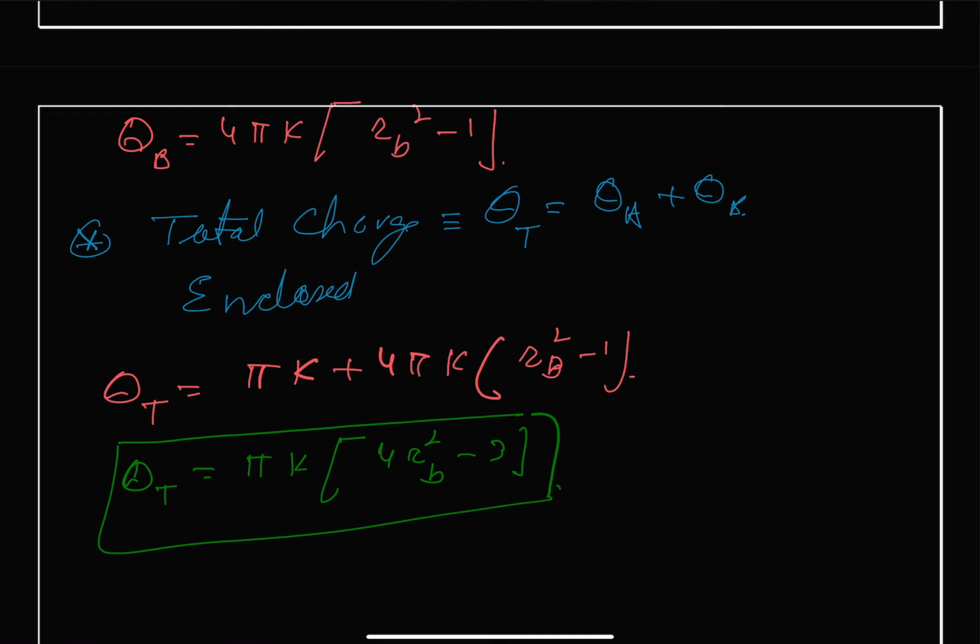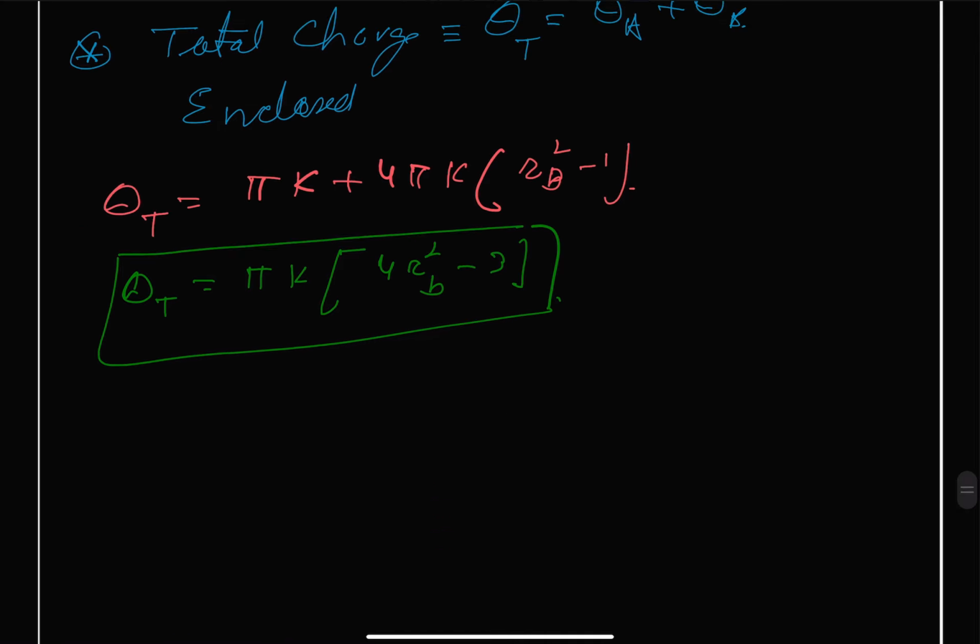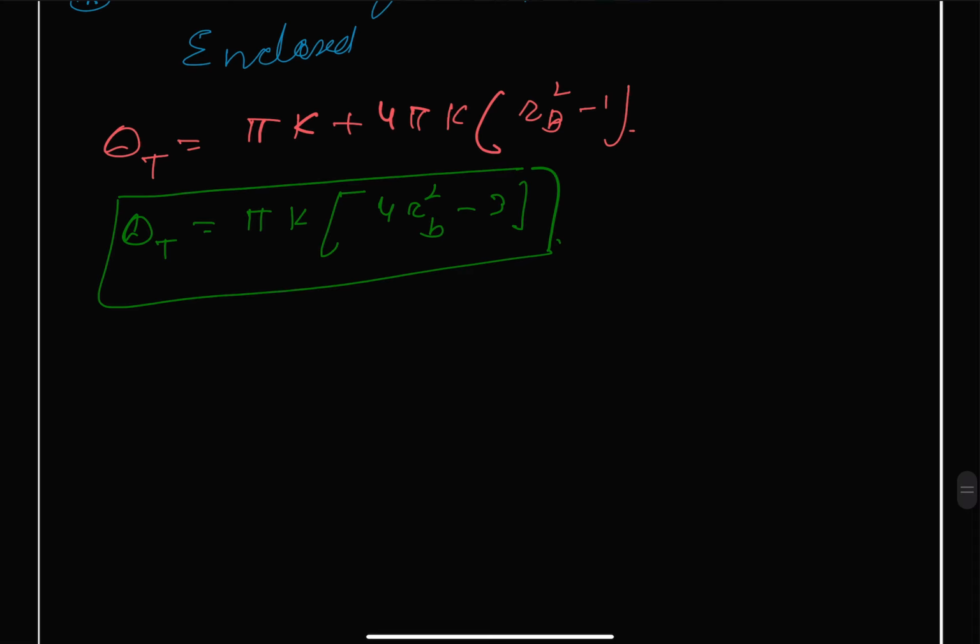Now let us check one by one for various values of RB. So for the first value of RB, option A gives us that our RB is equal to square root of 3 by 2.